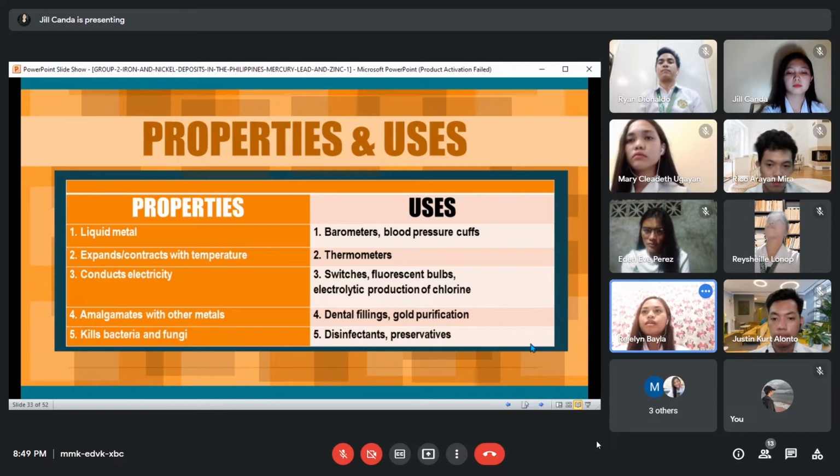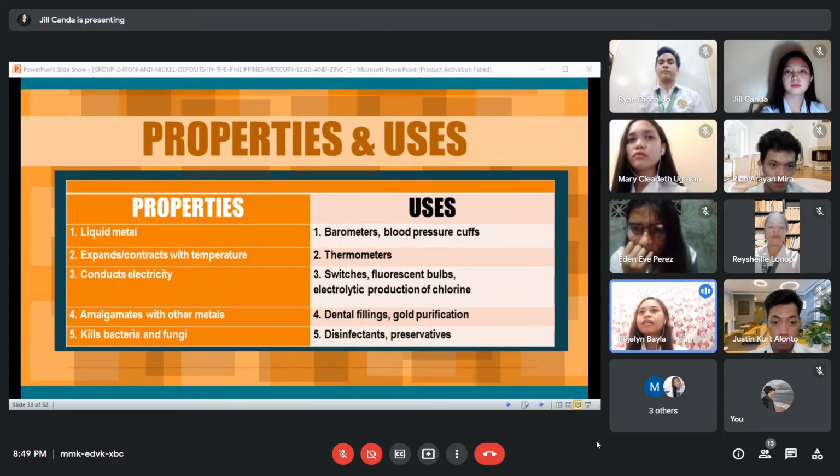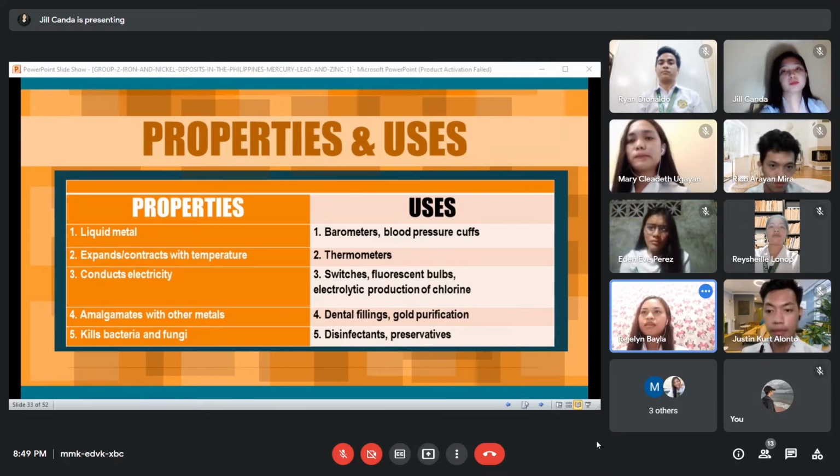So the typical uses of liquid metals include barometers and blood pressure cuffs. The second one is that it expands and contracts with temperature. The use of this second property is thermometers.